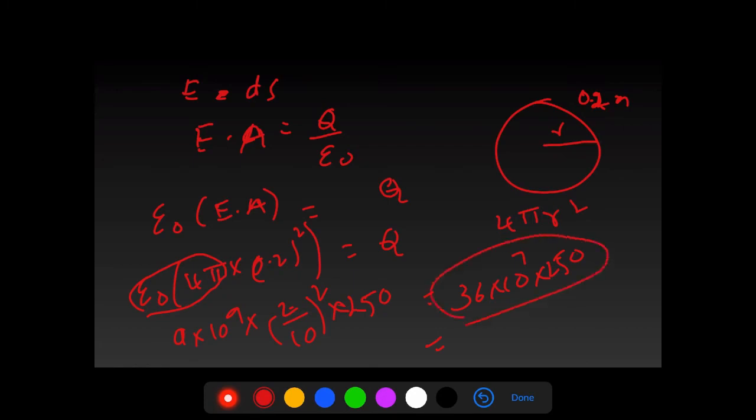That way we have to solve the problem completely and finally we will get this value. Here we have to take 1 by 4 pi epsilon naught equal to 9 into 10 to the power of 9.